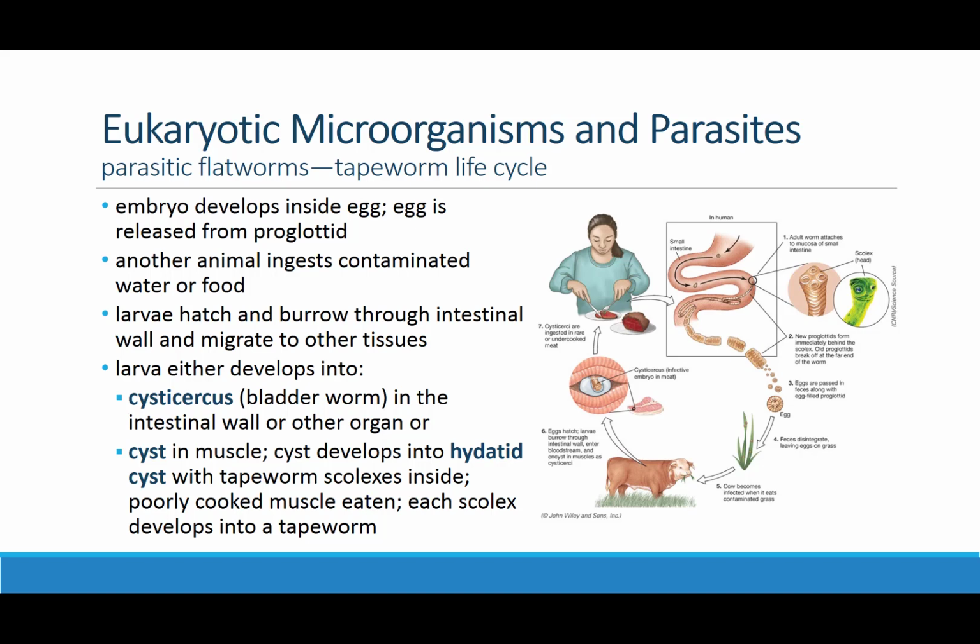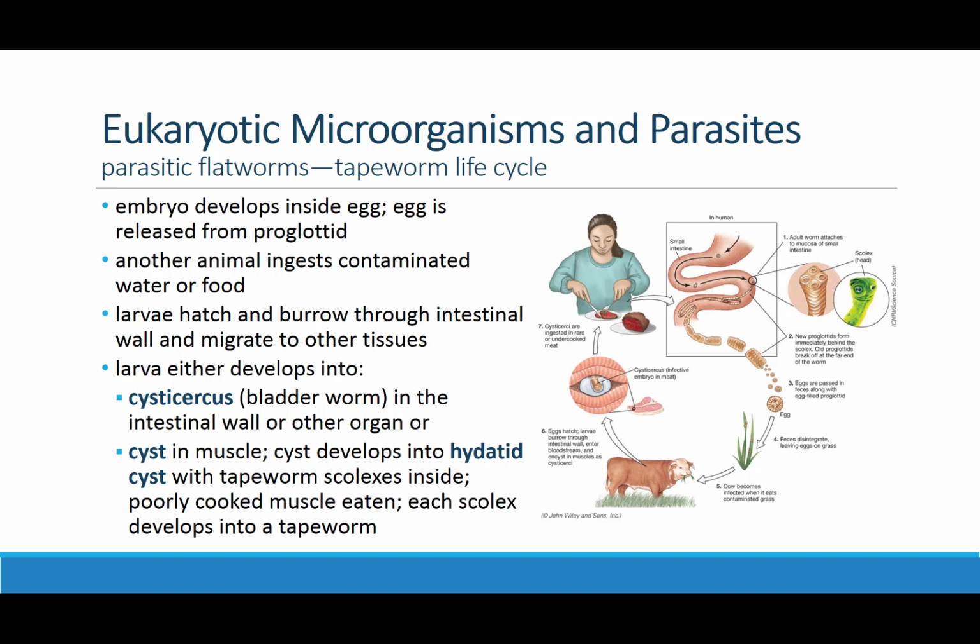So the eggs hatch and the larvae burrow directly through the intestinal wall, and they get into the blood system and migrate out to other tissues. Once they're in those tissues, they can develop into a cysticercus. Some of them remain in the intestinal wall, and there they can form a cysticercus, a bladder worm, that's in the intestinal wall or the tissue of another organ.